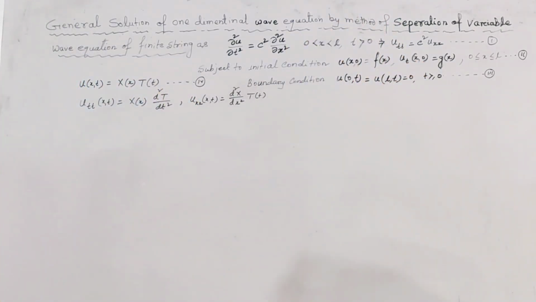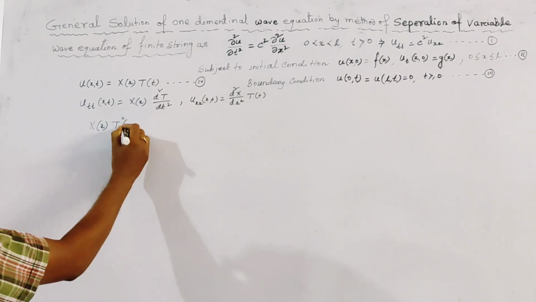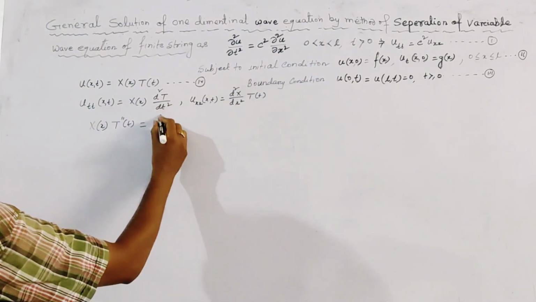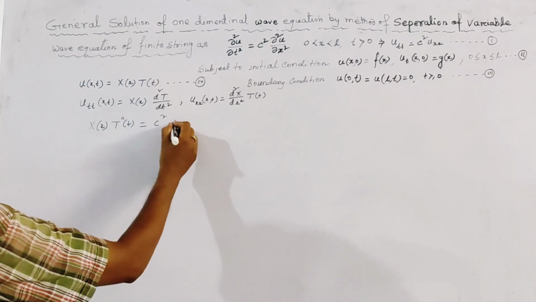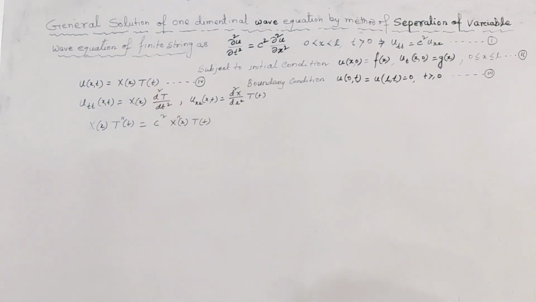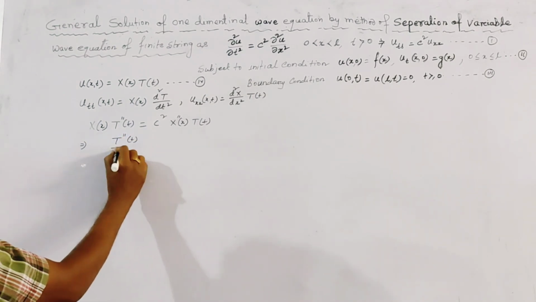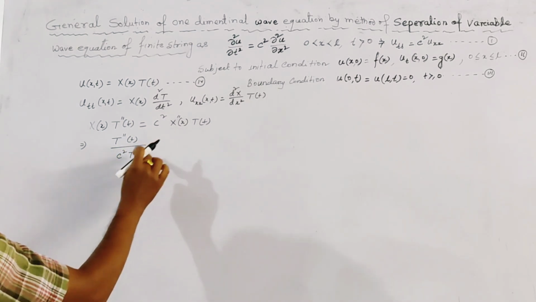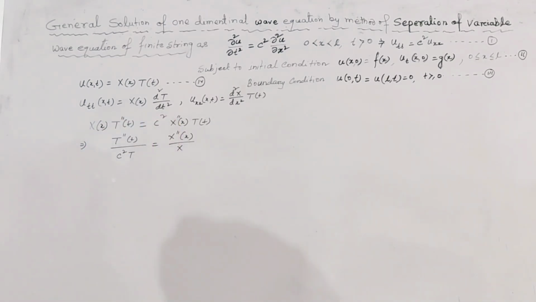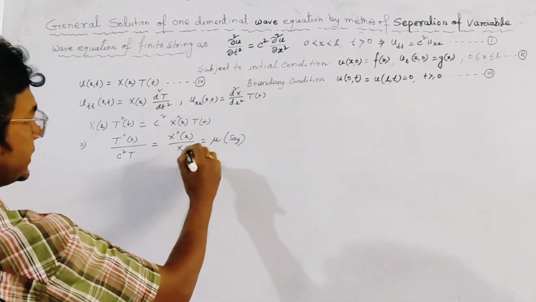Now we put the values of u_tt and u_xx in 1. We get X(x) T''(t), which is d²T/dt², on the left side, and on the right side c² into X''(x) T(t). Clear? We arrange this equation as T''(t) divided by c² T(t) equal to X''(x) divided by X(x), and let it be equal to μ, an arbitrary constant.